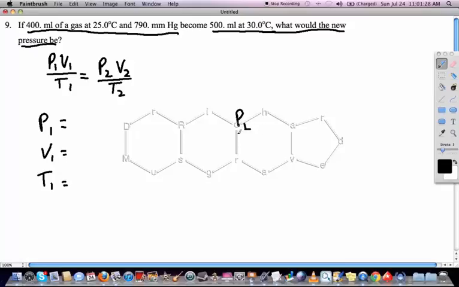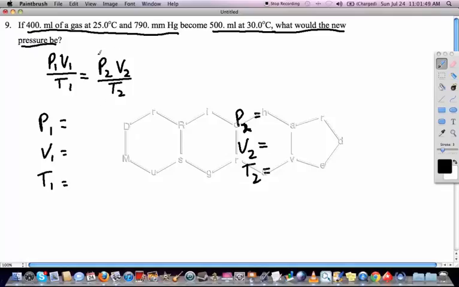It doesn't really matter what you assign as being P1 V1 and T1 and P2 V2 and T2, as long as you assign what's under the same conditions together under the same set of variables. So this could be P1 V1 and T1, or it could be P2 V2 and T2. It doesn't matter which. I'm just going to put it under P1 V1 and T1.